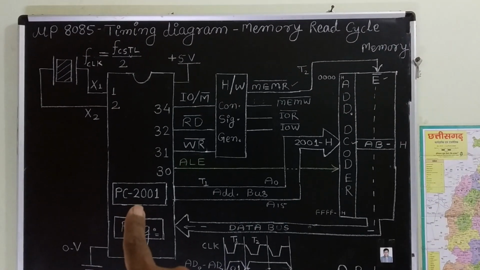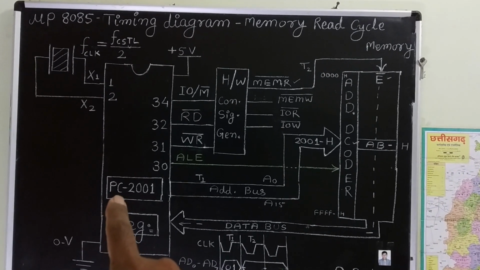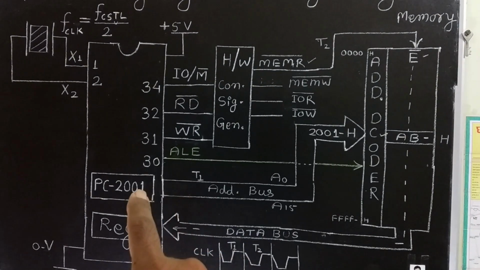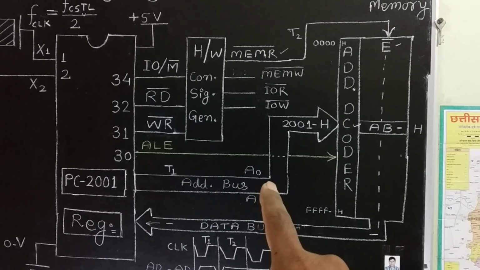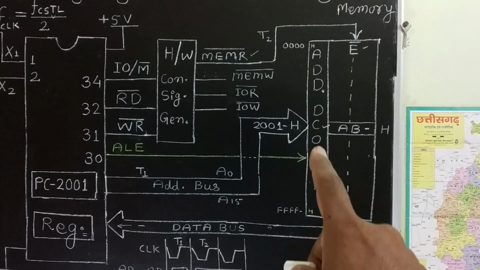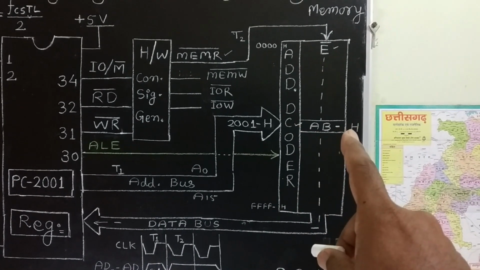Again we are re-elaborating. Initially at T1 time, PC is loading the address. What is the address? 2001H. This address is decoded by the address decoder, and this memory location is pointed out.